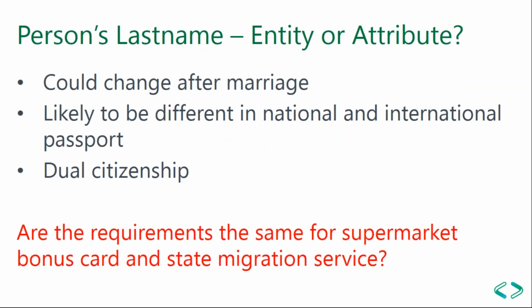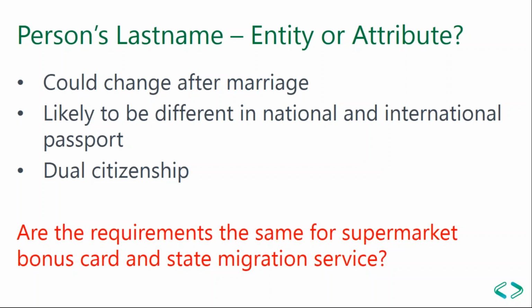Let's take names. Every man and woman has a last name and a first name. The last name can be changed, for example, after marriage. Maybe I just want to change my last name because I just want to do this. Maybe I have a different spelling in my national passport and international passport.